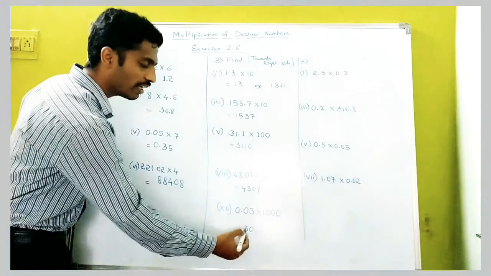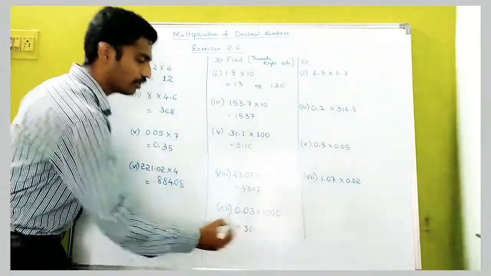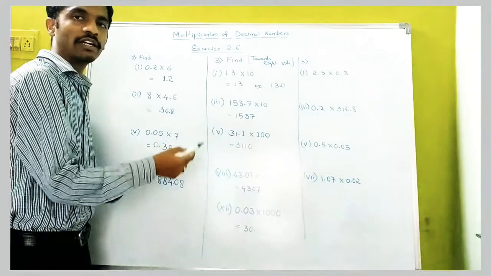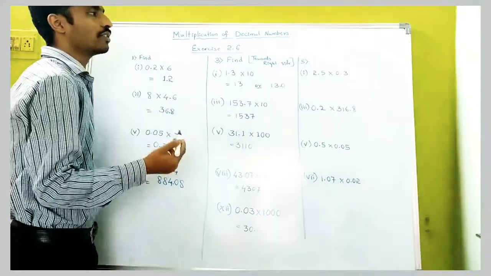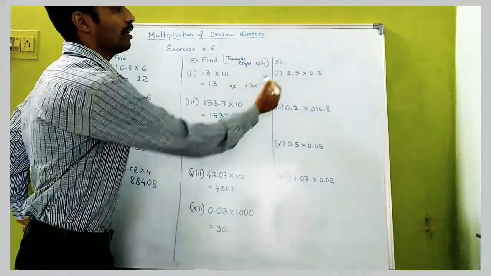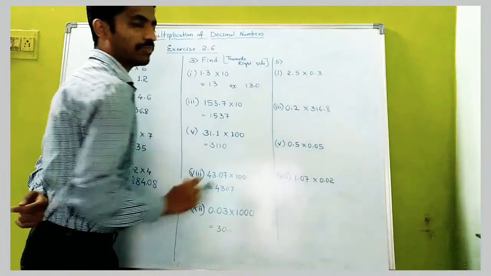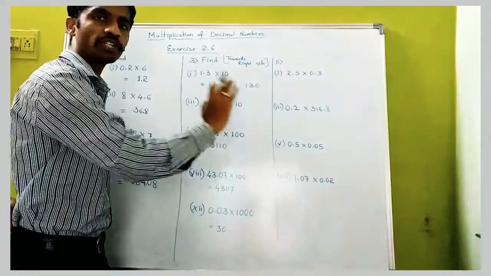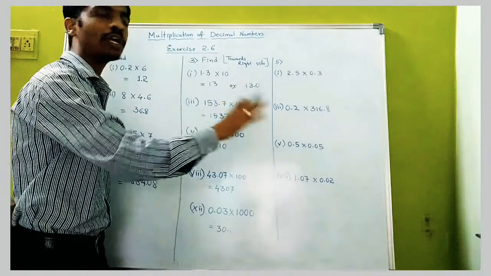Our answer will be 30. Like this we have to solve, however you get the multiplication of 10 multiples. Now the third type, here decimal with decimal. What you have to do? Just first ignore the decimal points. First you multiply, afterwards put the point.